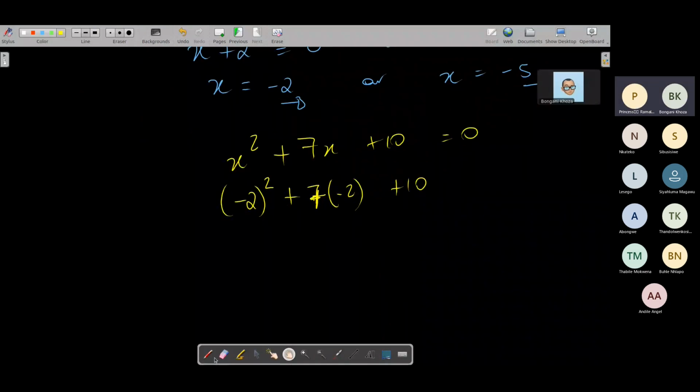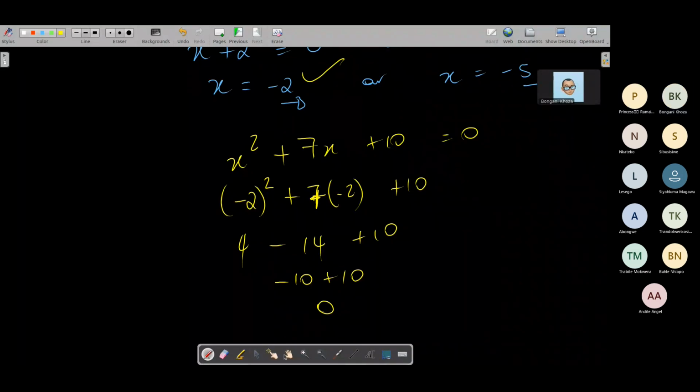So this will give me a 4, then -14 plus 10. Going that side, this will just be -10 plus 10, giving me 0. So 0 on the left-hand side and 0 on the right-hand side. That means this qualifies to be a solution.